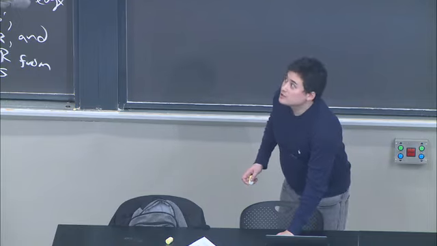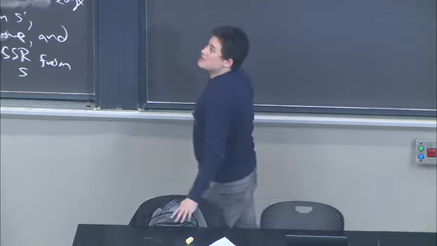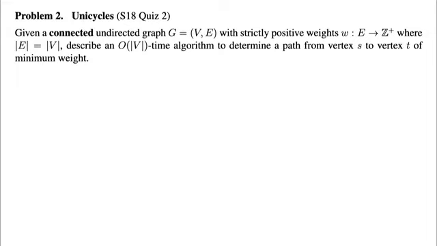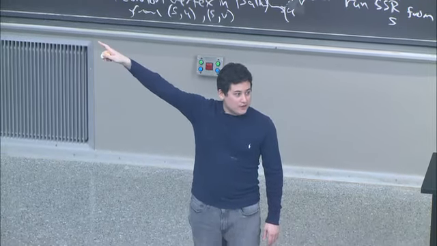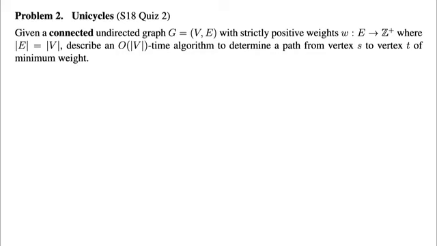There's a hint in the title. Actually, the original version of this problem said, instead of this E equals V specification, that there's only one cycle in the graph. But it's in the context of undirected cycles as opposed to directed cycles, which is usually what we talk about in this class, right?